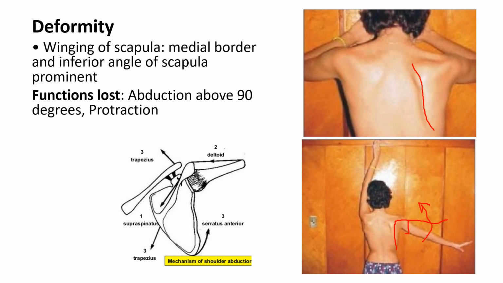The reason behind that is that serratus anterior is responsible for the lateral rotation of the scapula during shoulder joint abduction, especially beyond 90 degrees. So when we ask the patient to raise hands above his head, he can't do that. The other function that's lost is protraction of the scapula.